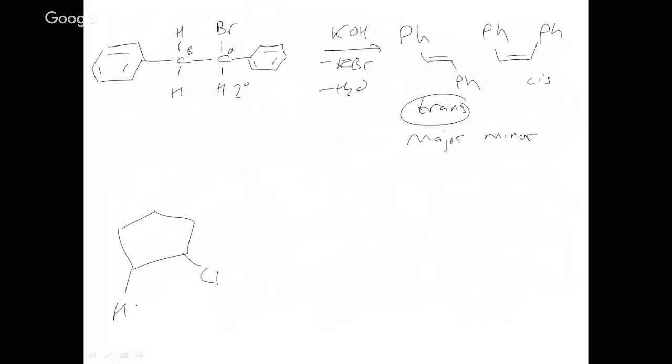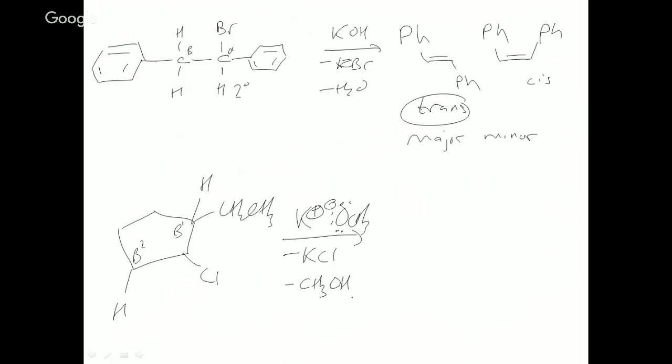Chloride. We have two different types of beta hydrogens. Let's call this beta 1, beta 2, KOCH3, potassium methoxide, minus KCl. There's a byproduct, minus CH3OH, methanol.